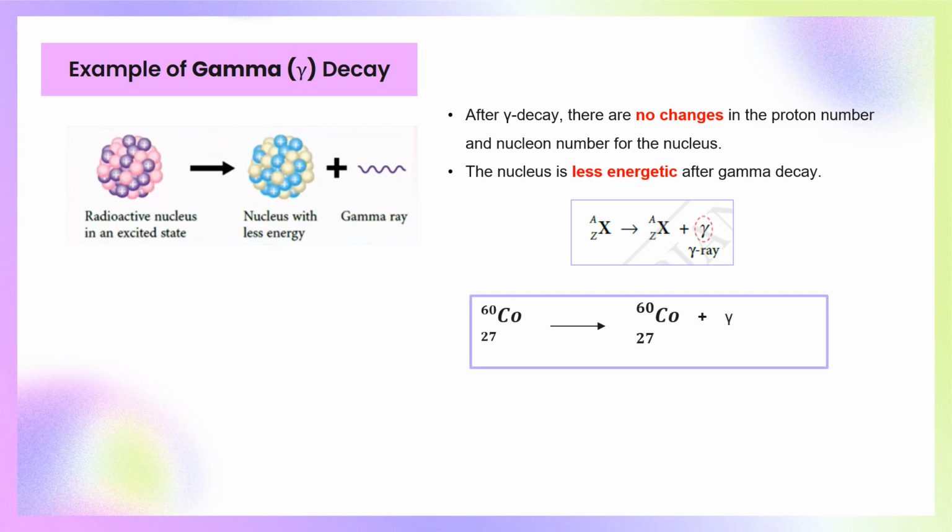Let's look at an example equation for gamma decay. Co-60, with proton number 27, undergoes the decay process to produce Co-60 and gamma rays. As we look here, the proton number and nucleon number of the daughter nucleus do not change, but the nucleus will lose energy.